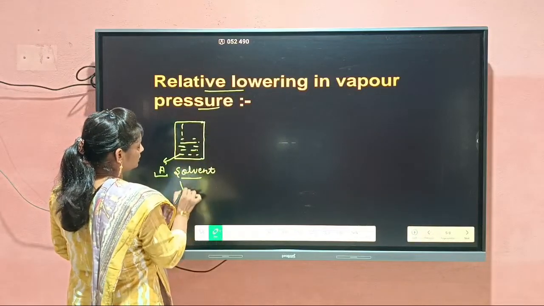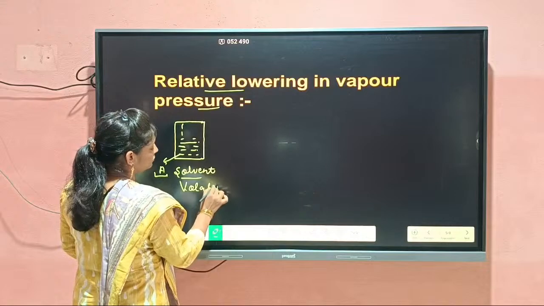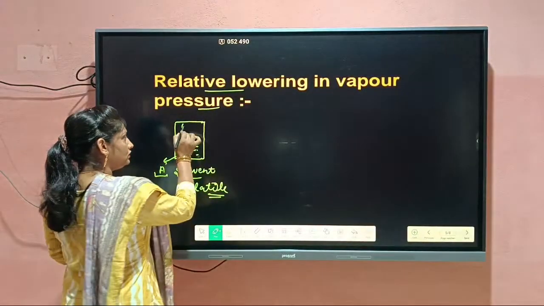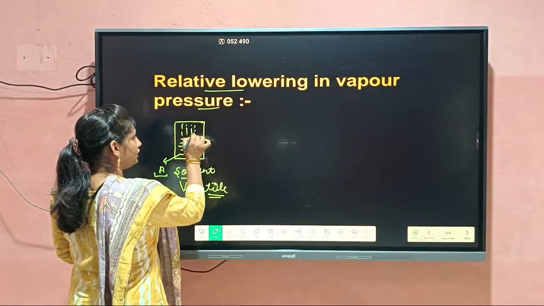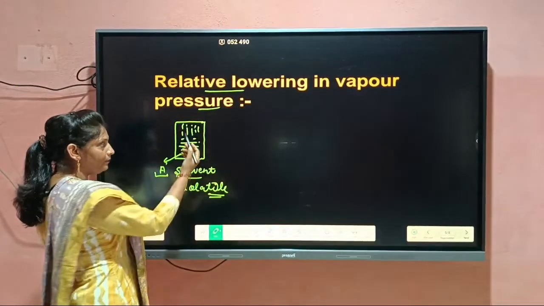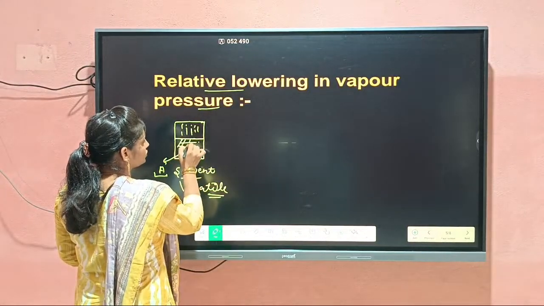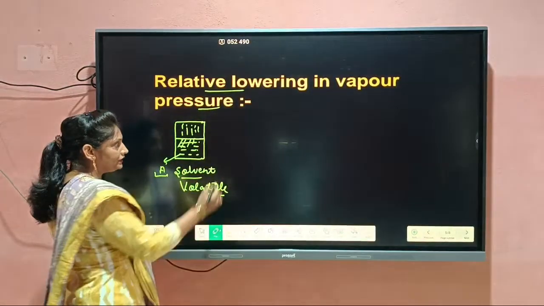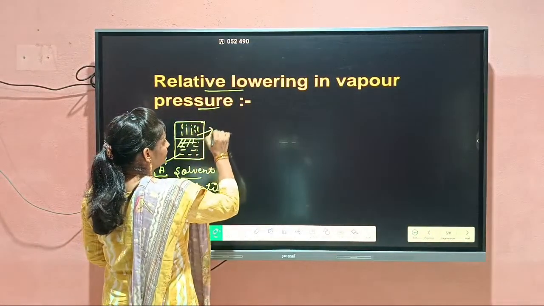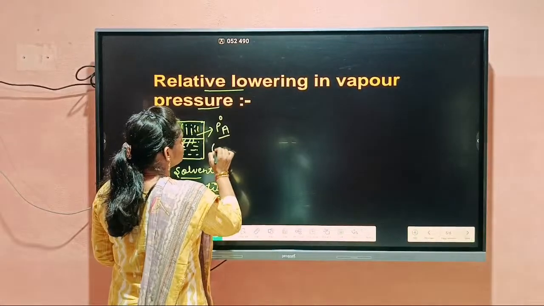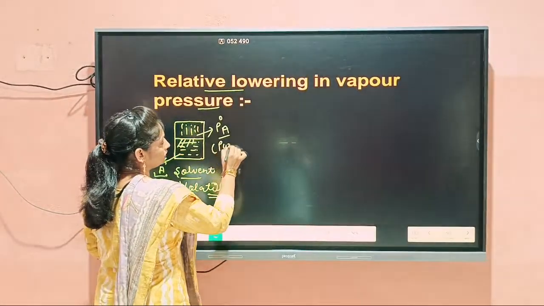Because it is volatile, it will produce some vapor on the surface of the liquid, and these vapors will apply some force on the surface of the liquid. Let us consider this pressure is P0 A. This is the pressure of the pure solvent.